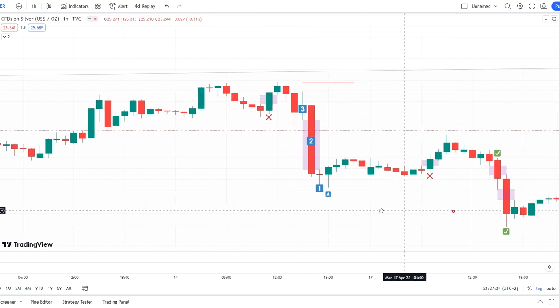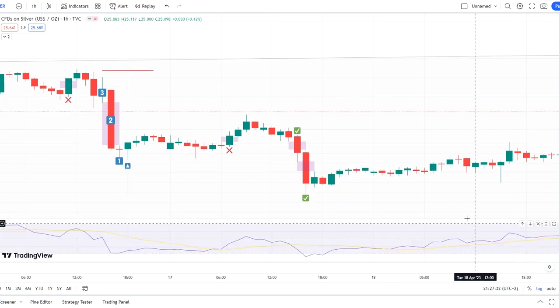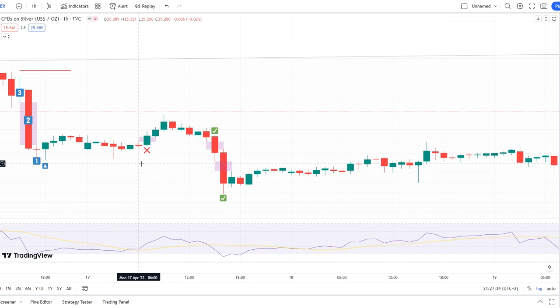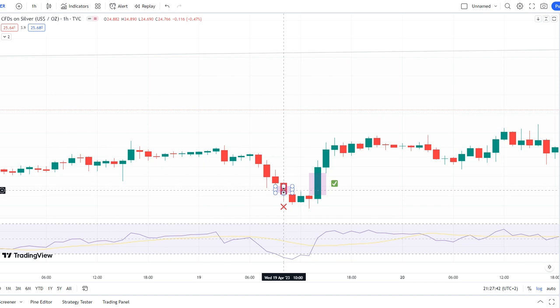So one thing that I think can help us detect good ones is the RSI, and if I open it here, for example, or let's take this one. This gap is a bearish one. It means that you need to put a sell order somewhere in the middle of this gap, a pending order in fact.